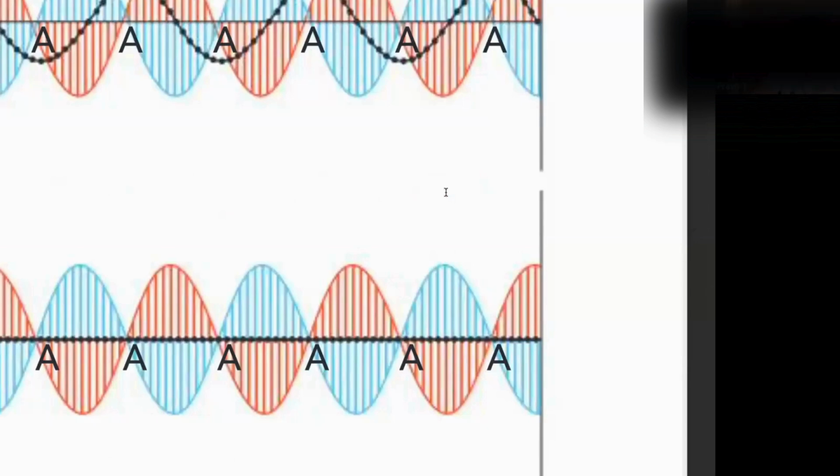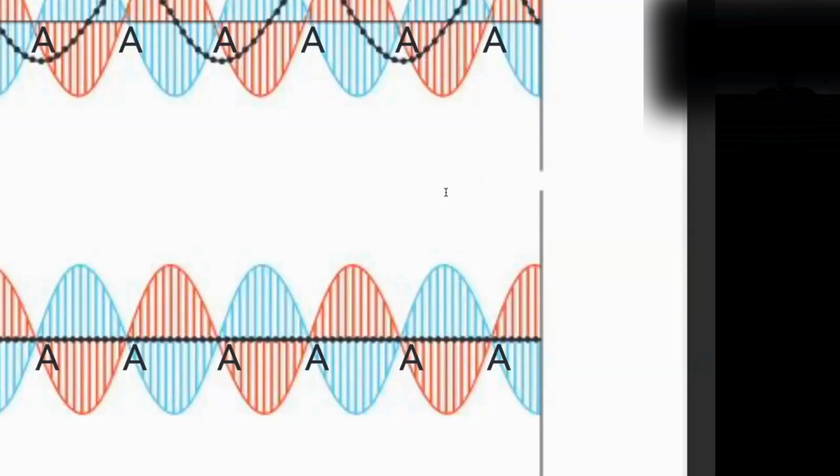Here, the blue wave and the red wave have a phase difference of 180. What is this phase difference basically? The two waves are starting from different points, and that difference is the phase difference. Very good.